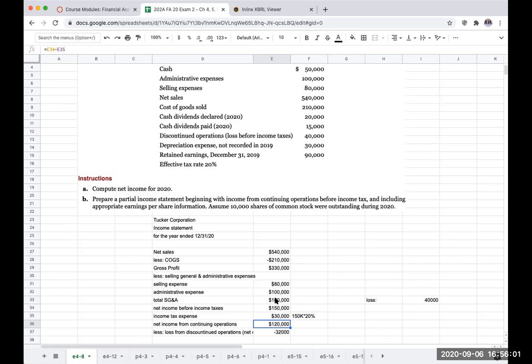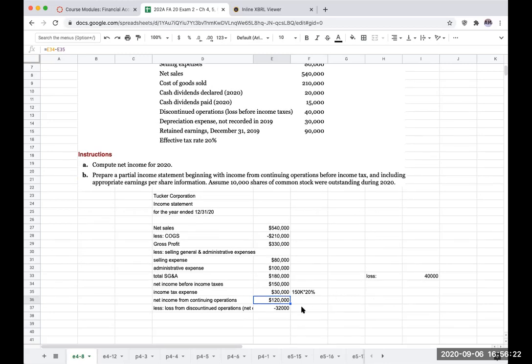So what I need to be mindful of is that if I'm subtracting this value from this value here, I need to make sure that that is in fact net of tax. Okay. So I want to make sure that this here is net of tax.